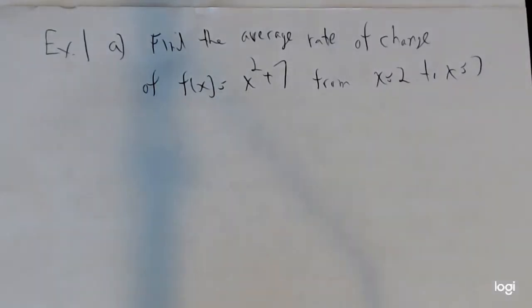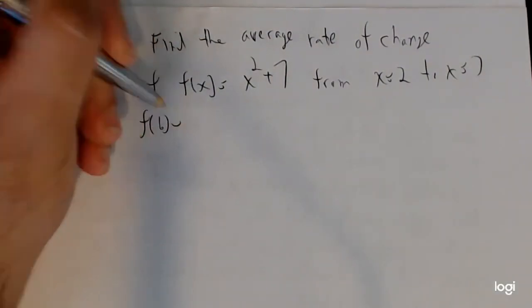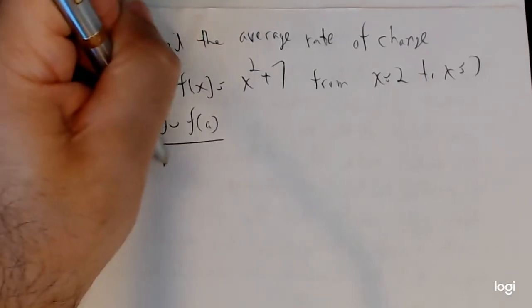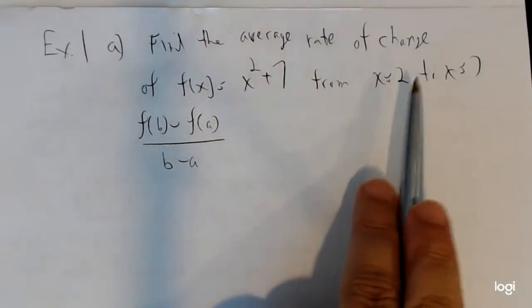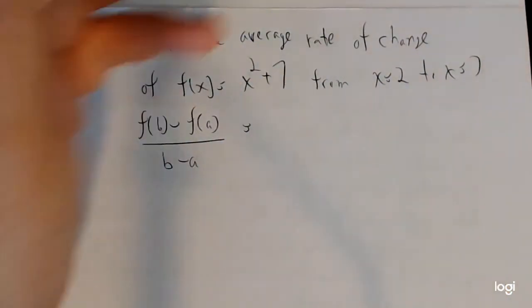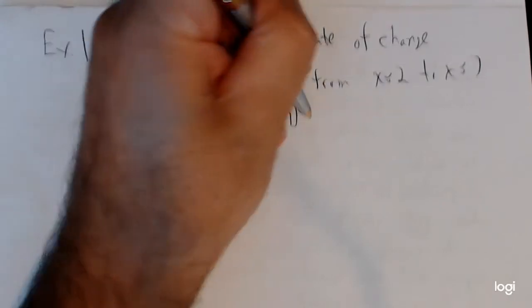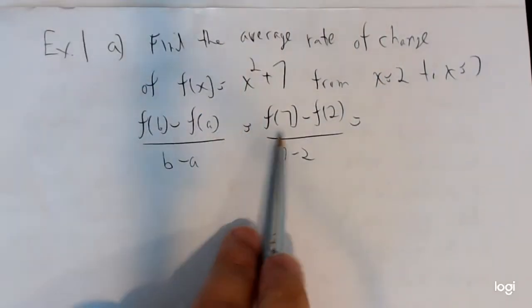Okay, so let's do this. What is the average rate of change going to be? It's going to be f of b minus f of a over b minus a, where b is where you end and a is where you start, so a is 2 and b is 7. So we're saying f of 7 minus f of 2 over 7 minus 2.